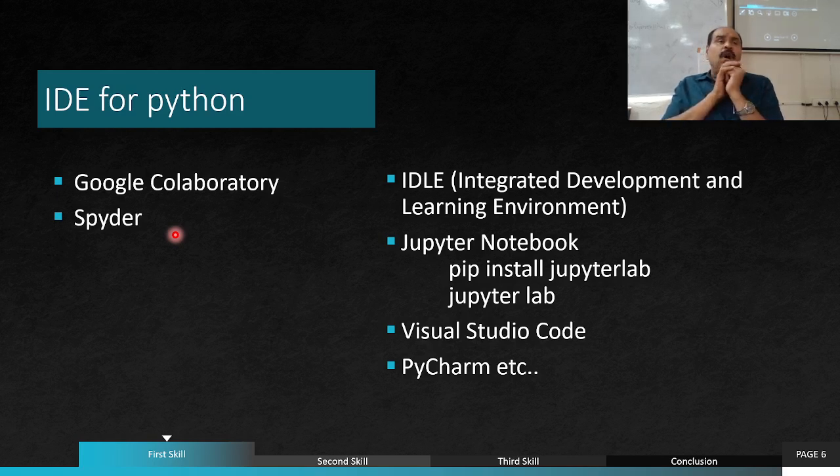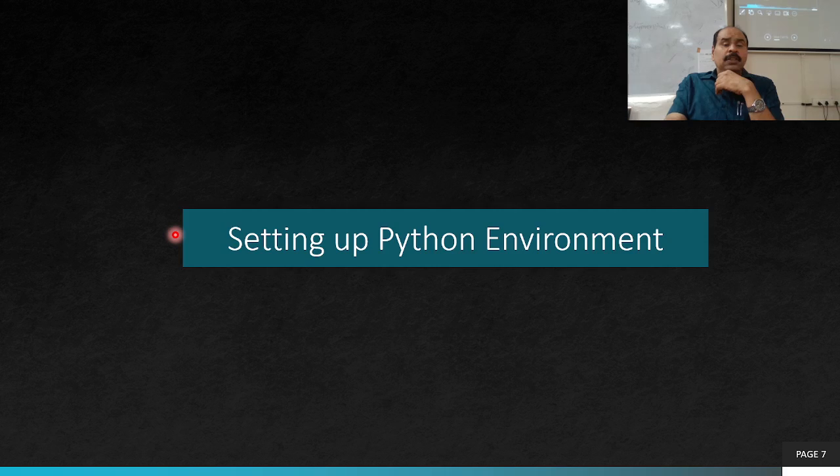I will be teaching you how to use IDLE, Jupyter Notebook, Visual Studio Code and the rest as we go on, wherever you require. It is all the same. IDE means Integrated Development Environment, where we are going to write our program. Okay.